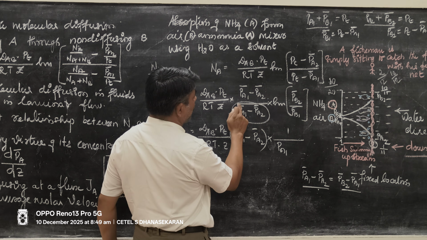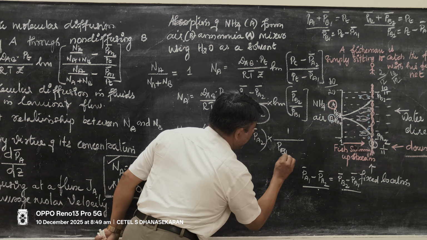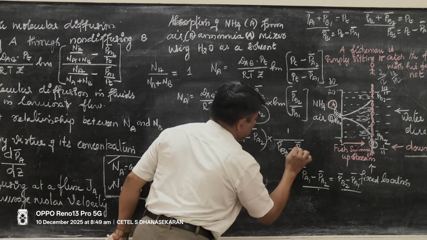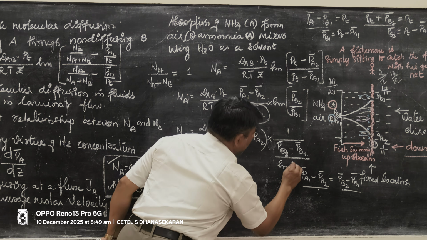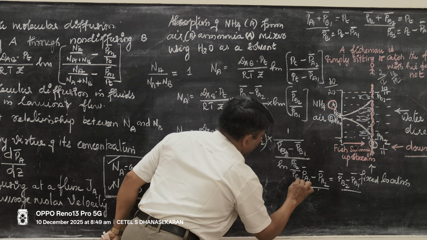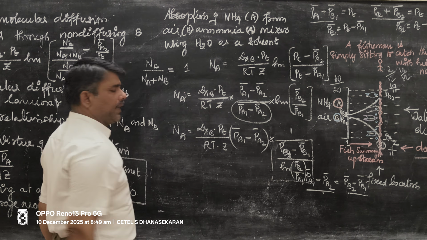Instead of PA1 bar minus PA2 bar, I am going to write PB2 bar minus PB1 bar. In denominator, it should become ln PB2 bar divided by PB1 bar. Clear? This is log mean difference of A.